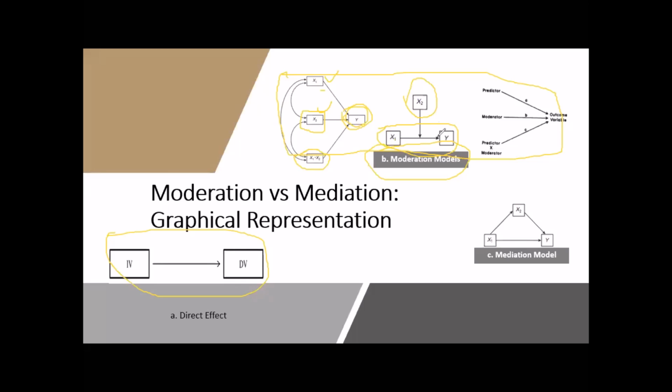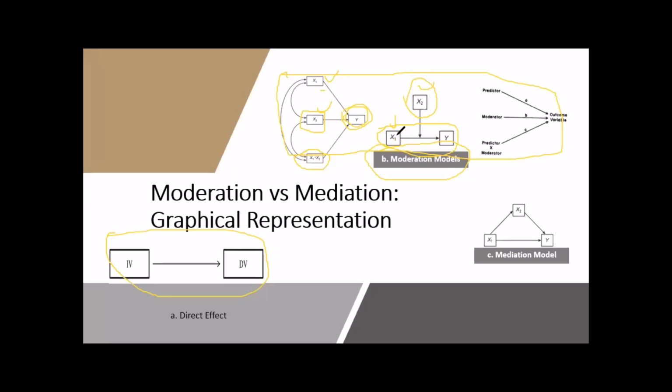This is another graphical representation of the moderation analysis. Here we can see that x1 is related to y. On the other hand, there is a third variable, x2, that is moderating the relationship between x1 and y. And in the equations here, we can see there are three different paths which appear.